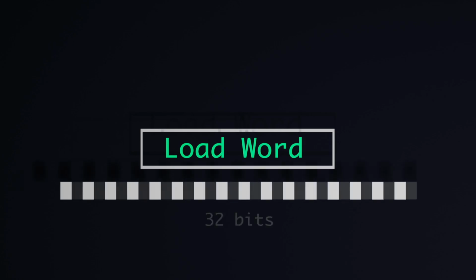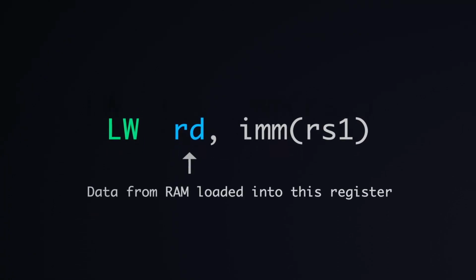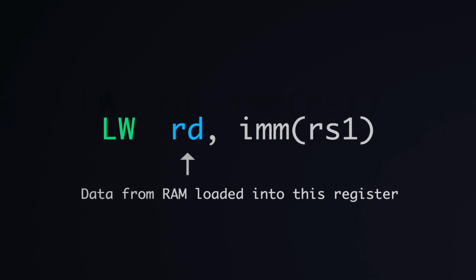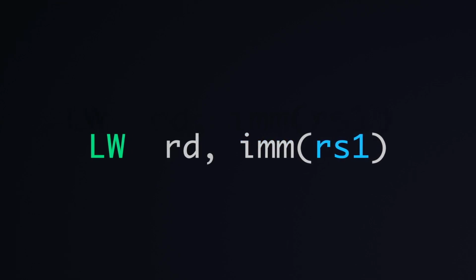The LW instruction here stands for load word. A word is 32 bits in size, or 4 bytes. It has a very interesting syntax. The first argument is the destination register where the data will be loaded. The second argument is unique, taking an immediate and a source register surrounded by brackets.